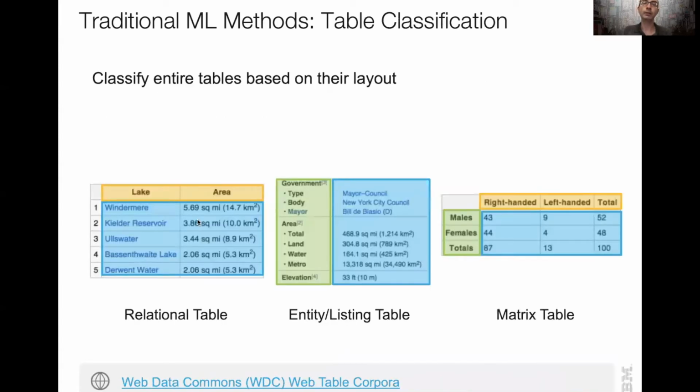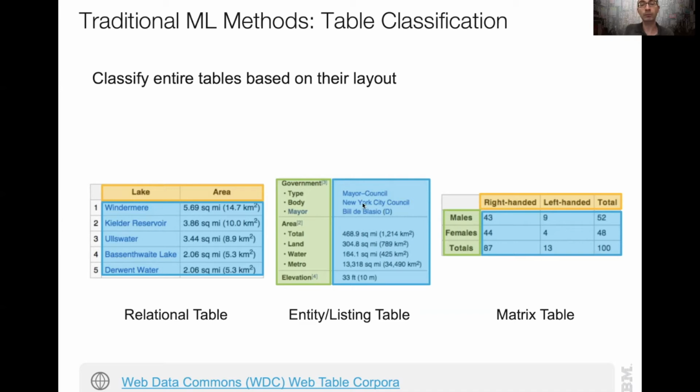And yet another set of techniques model this as a table classification problem, where entire tables are classified based on their layout. And this is an example of different layouts that can be identified. The first one corresponds to relational tables that have the column headers on the top, which are similar to the ones that we would find in a database. Then we have entity, listing, or key value pair tables, which intuitively are tables that describe the properties of one entity.